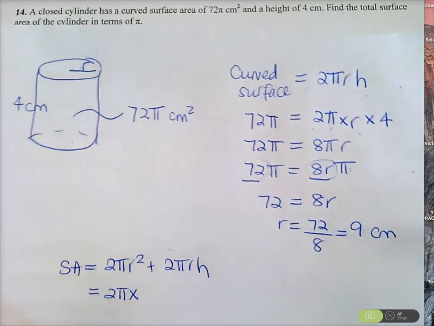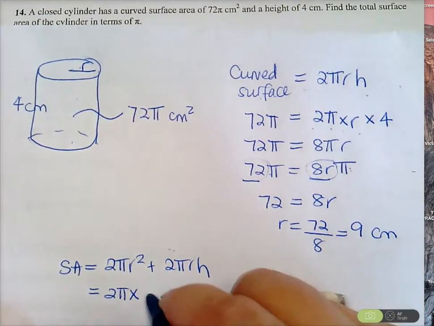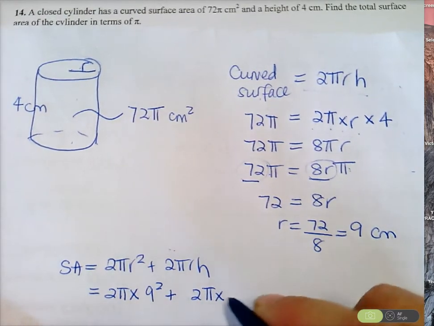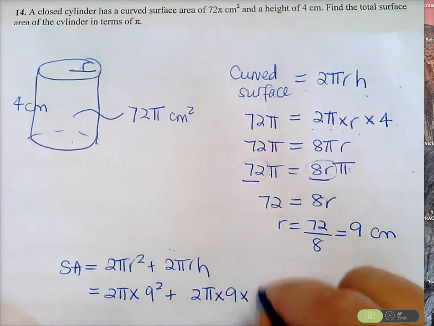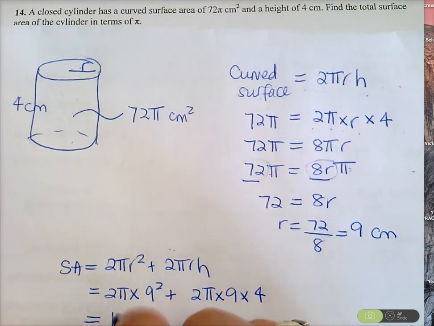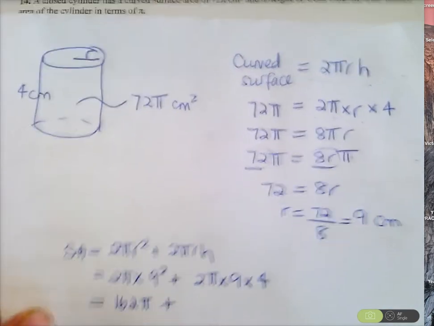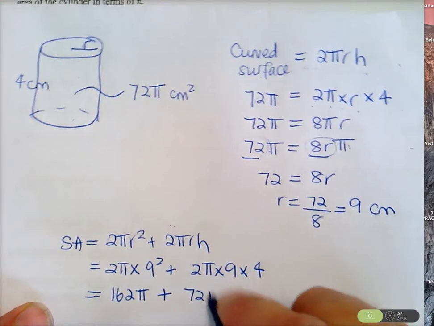2 pi times, do you know what you're doing? R is 9, plus 2 pi times 9 times 4. You might want to give it as an exact answer first. 81 times 2, what's that? 162 pi plus 36 times 2 is 72.